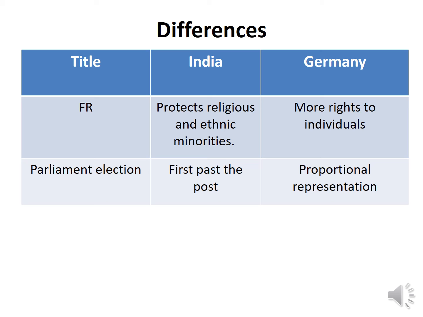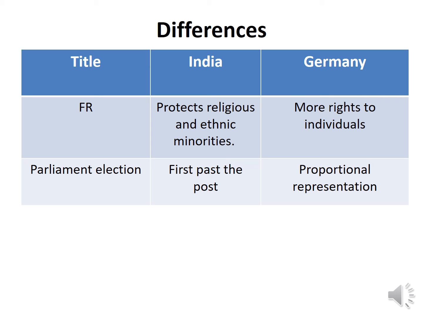While in Germany, the members of parliament are elected by the proportional representation system. In this system, it is not that the candidate who secures the maximum votes is elected, but the candidate who gets the majority of votes, greater than 50% of votes, is considered elected.